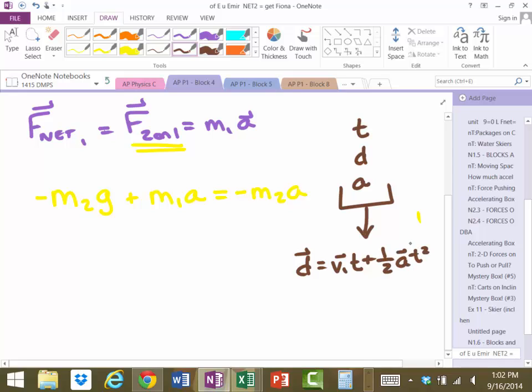Is that okay? Yeah? Okay. Zero, so that's nice. So you've got d is equal to 1/2 a t squared. Could you solve that for a for me, please?